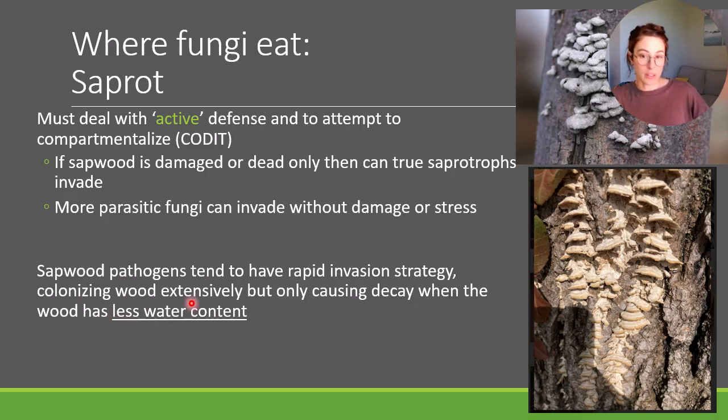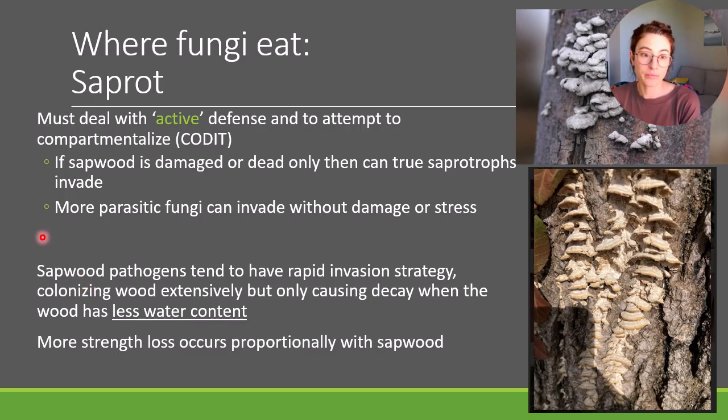There have been some studies that show that the minute turgor pressure drops, say from drought stress, these wood decay fungi are able to penetrate into the cell. But as long as that turgor pressure stays up, that water potential is enough to keep them out. So having a lot of moisture in the sapwood is a very good defense mechanism along with all of these other things. But when we're dealing with things like drought, that's when we can start to see a lot of these pathogens invade and colonize a lot of our hosts.